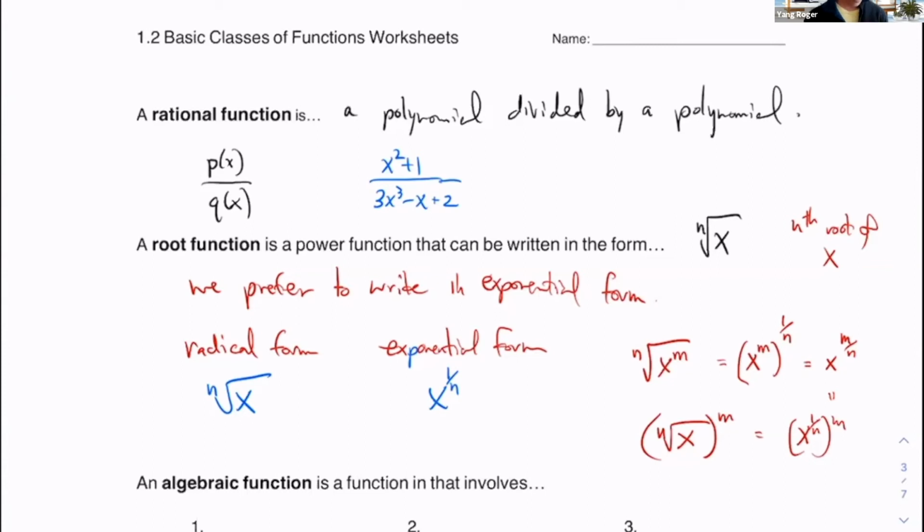The final thing I wanted to tell you is this letter n has a special meaning. Do you guys know what that letter n is called? Index. Nice. All right, great.